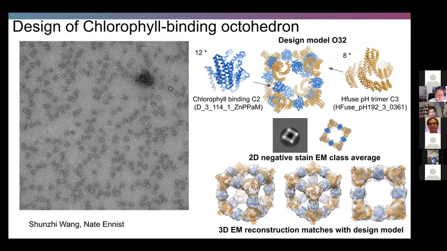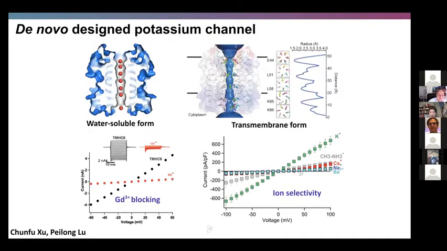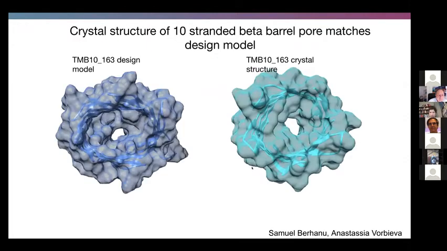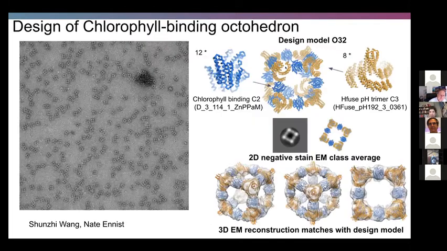And thinking beyond medical applications, we can design proteins which bind chlorophyll dimers, the same chlorophyll dimer in the same arrangement as in the photosystem, the heart of photosynthesis. And then we can take those dimers and build them into octahedral structures.